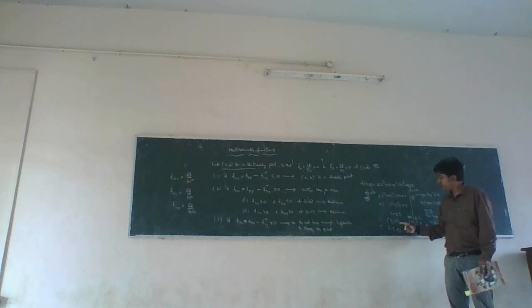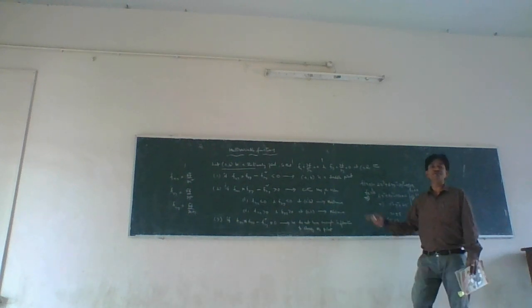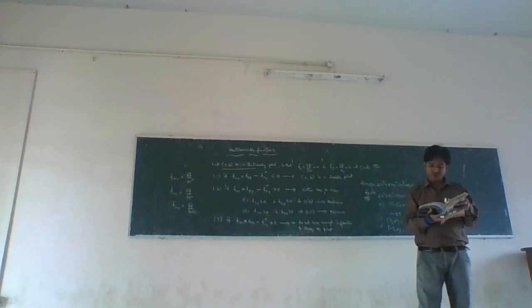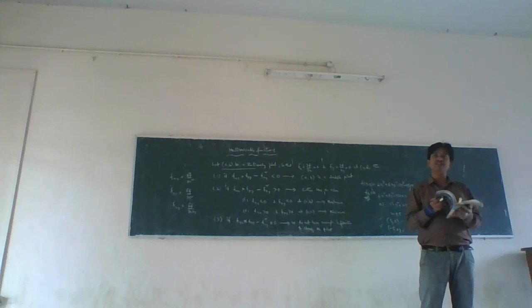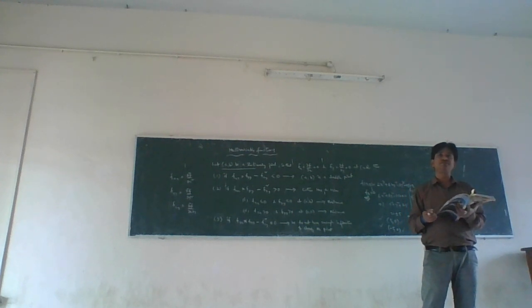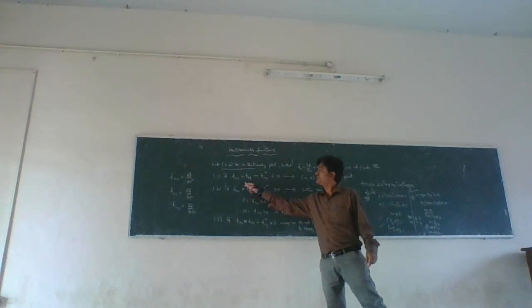Now check for every point, (5, 0), test it. Is (5, 0) a saddle point or a stationary point? Testing (5, 0) for this case.